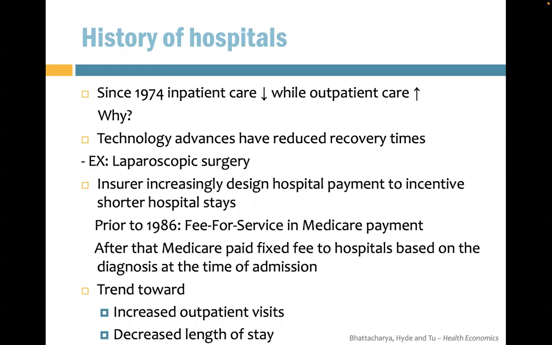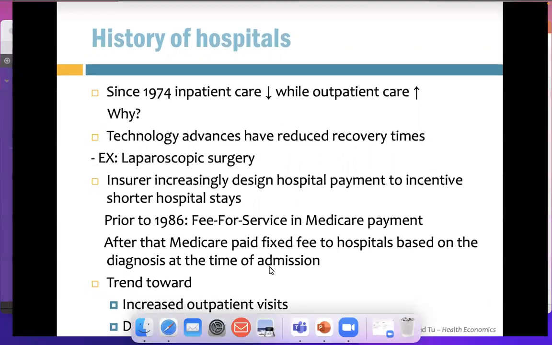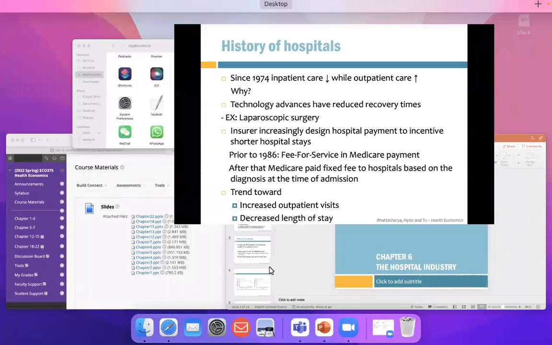I also want to minimize all the other procedure costs. I'm not going to do anything unnecessary because I'm not getting any extra money. So this payment system has made the trend go toward increased outpatient visits and decreased length of stay for inpatient visits. Okay, so I'm going to show you an example here.